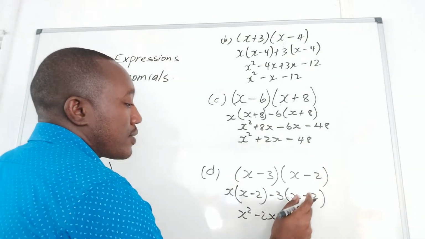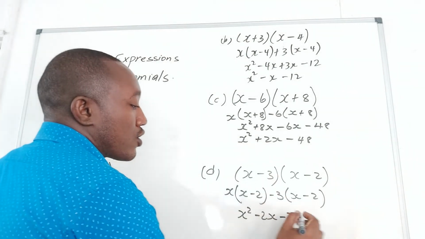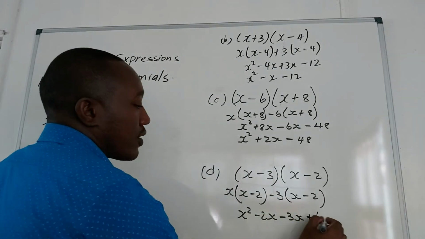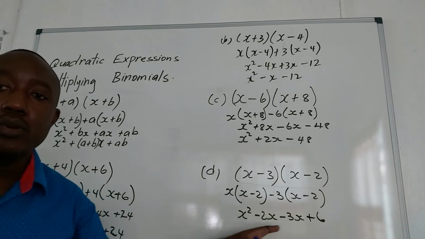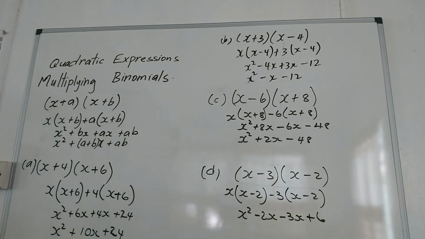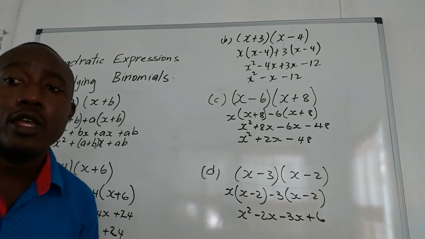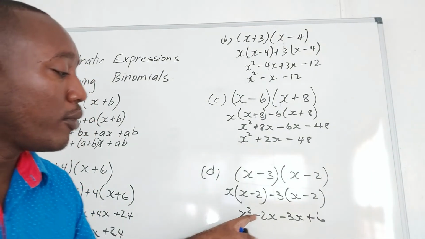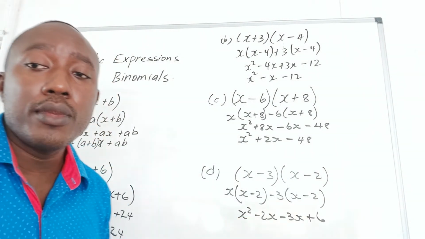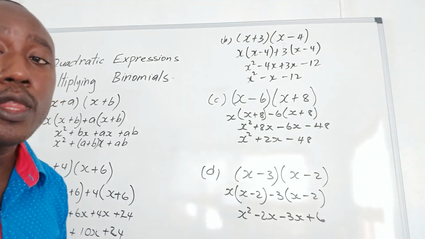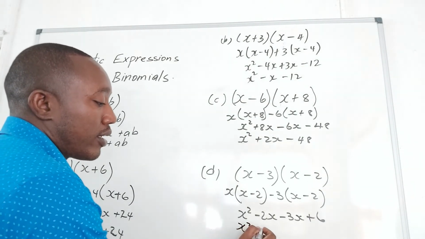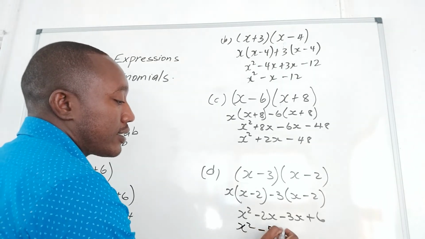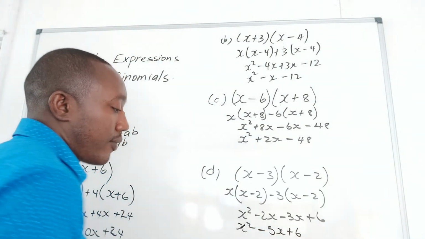Minus 3 times minus 2 will give us positive 6. So now both numbers are negative. And if the signs are the same, we add. And since both are negative, our answer will be negative. So that will be x squared minus 5x plus 6.